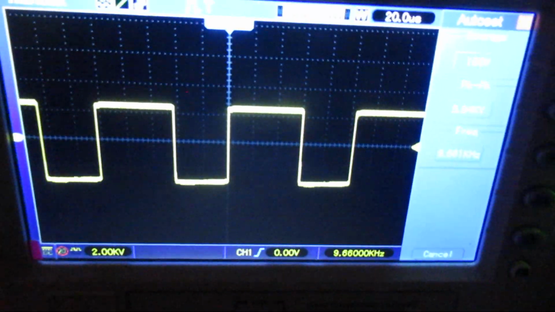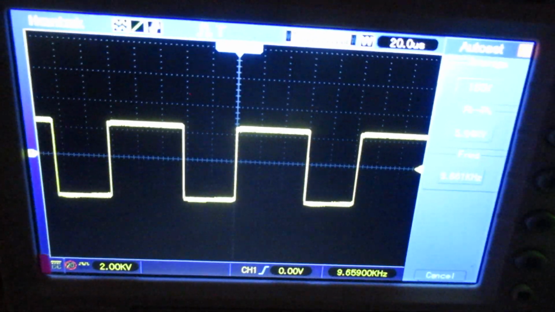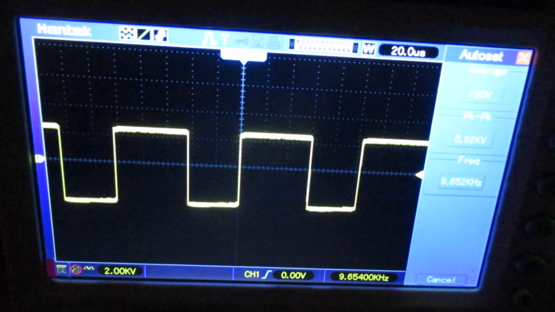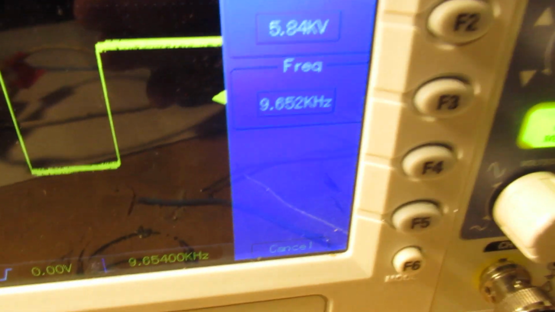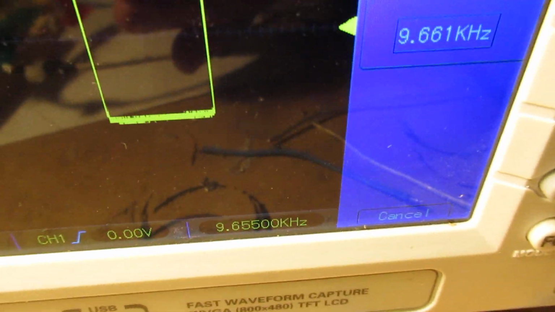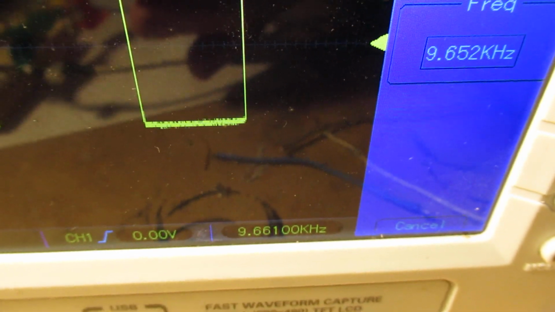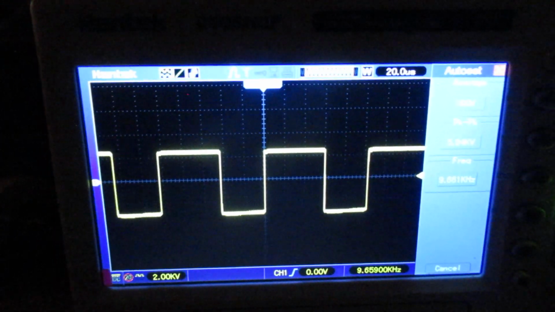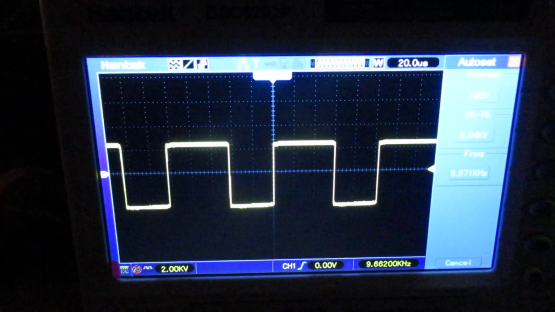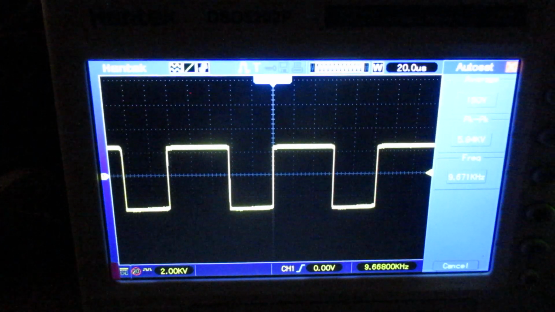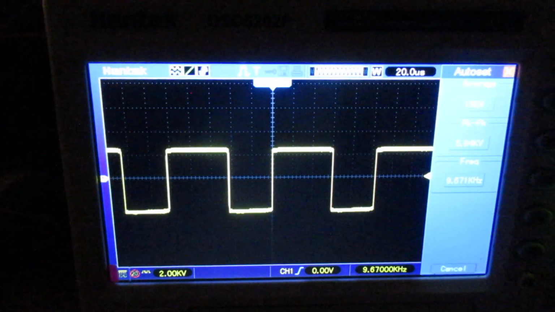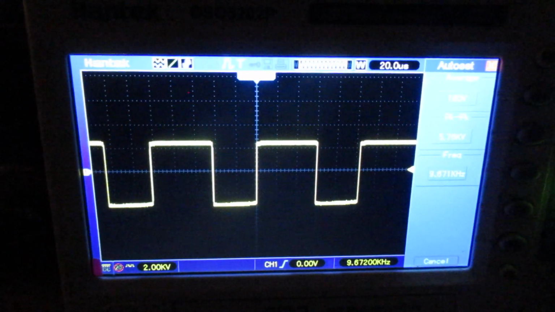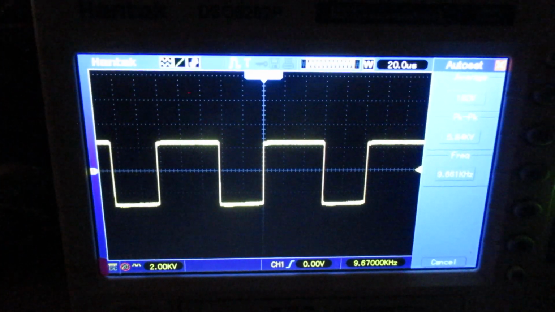Here again, the waveform is a beautiful square wave on 9.65 kilohertz. And when you make that capacitor, the capacitor that is for the most part responsible for the frequency, smaller, you will surely go to very high frequencies.